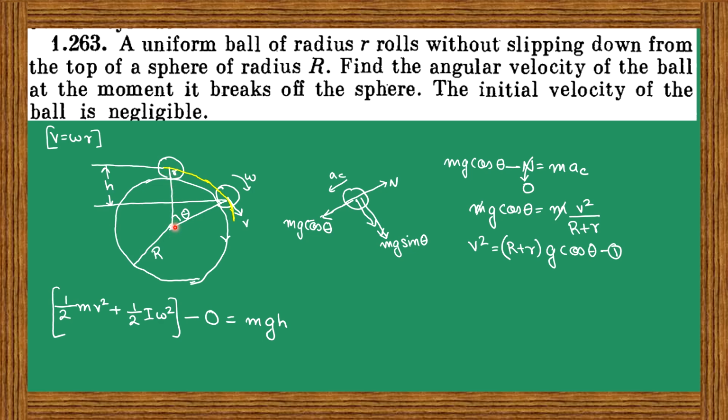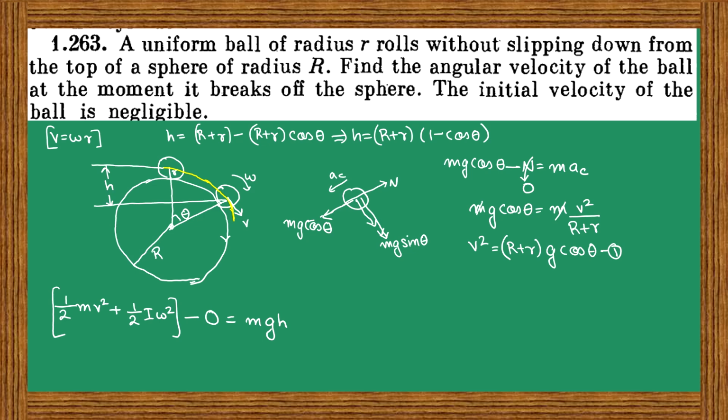So the height is (R plus r) minus (R plus r) cos theta, or h equals (R plus r) into (1 minus cos theta).